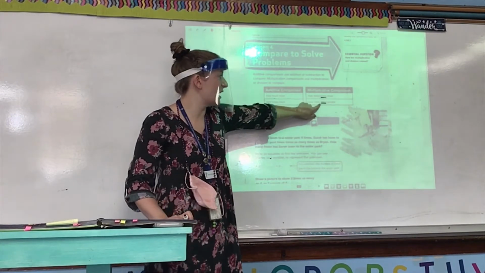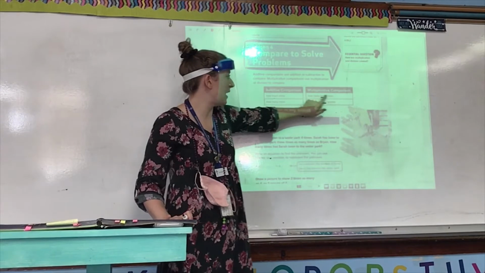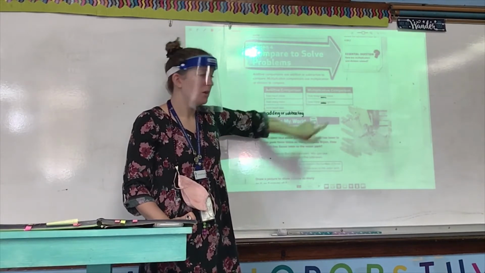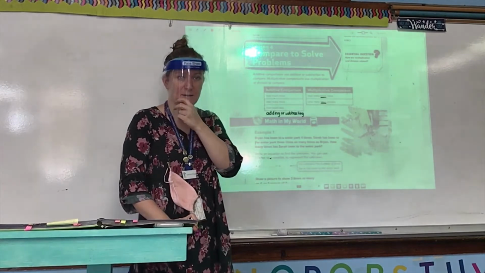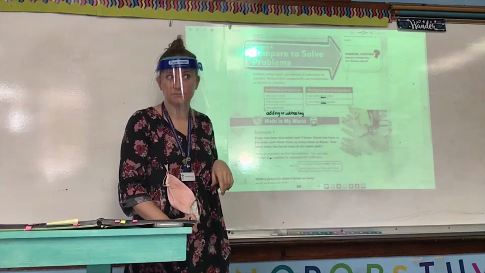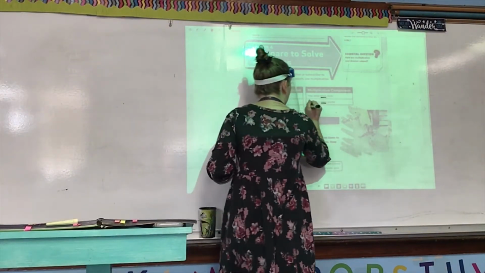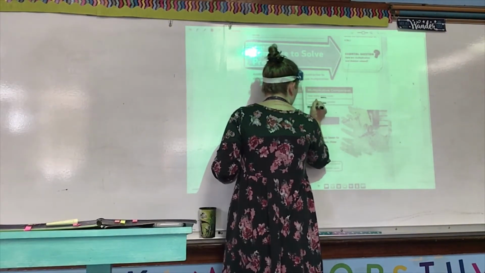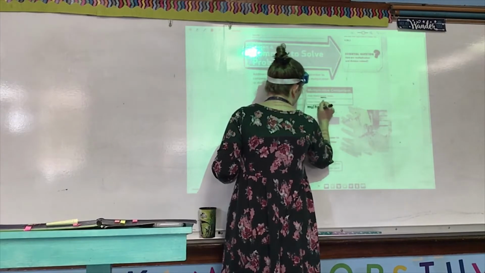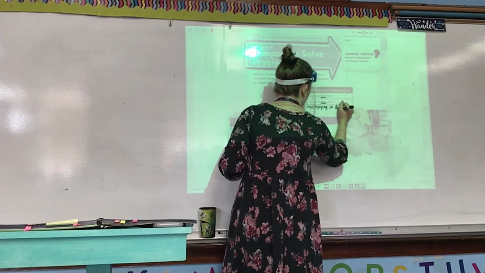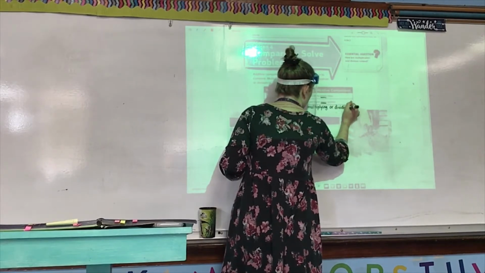If you see the word times between how many and more or how many and greater, will you be adding or subtracting? No. You will be multiplying or dividing.